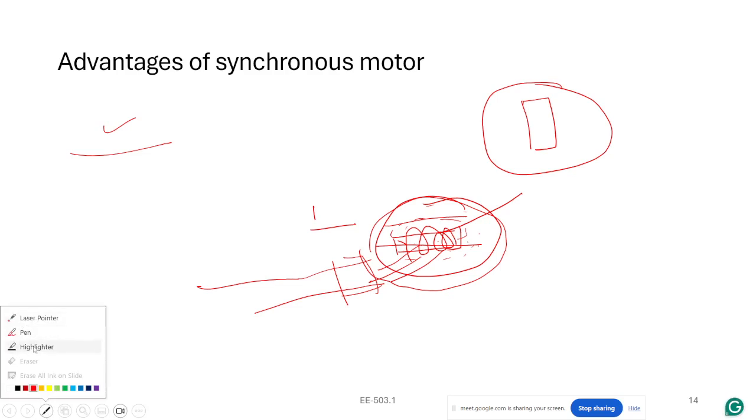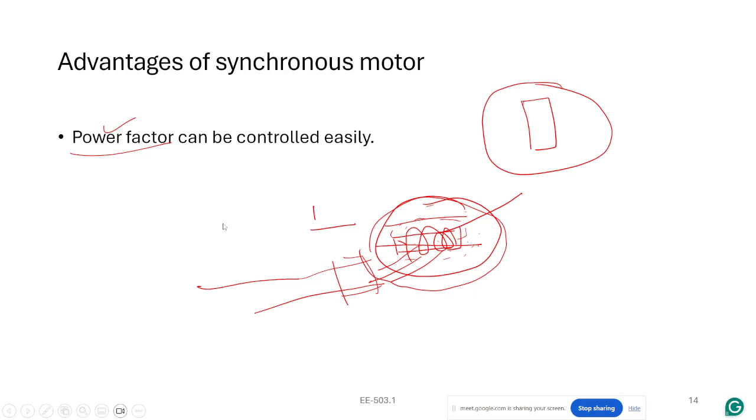That's why we are using the double fed, and that's why it's called a double fed motor. Here we are giving supply to both the rotor and the stator.